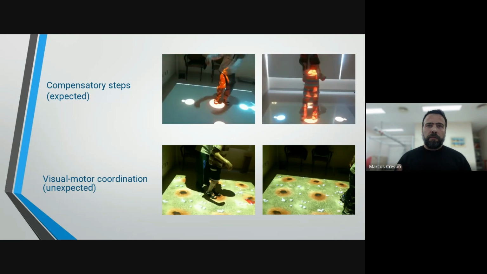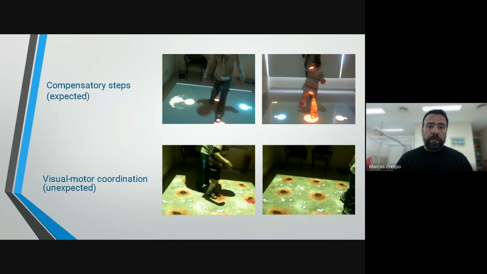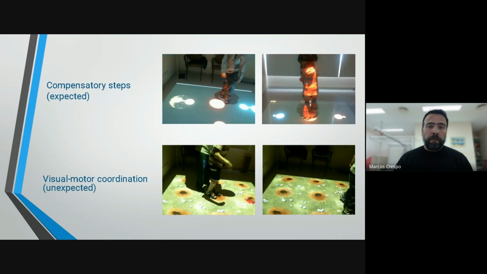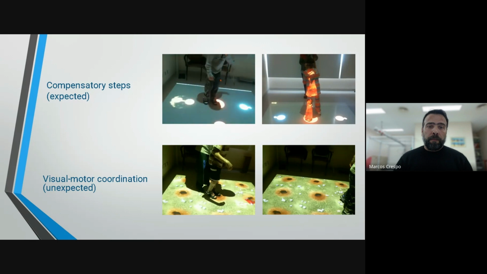These patients, in the future, many of them are going to use canes or walkers for their daily walking. So it is important that they train the coordination between upper limbs and lower limbs during the rehabilitation.